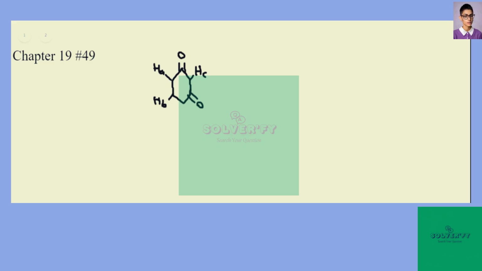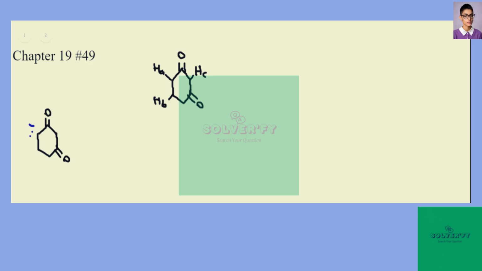All right, so starting with 1,3-cyclohexane dione, we will just go in order. So the loss of proton HA is going to give us this molecule, with a lone pair and a negative charge there.